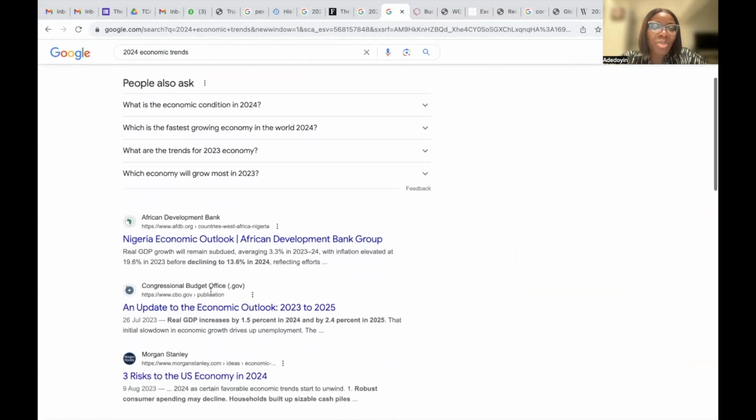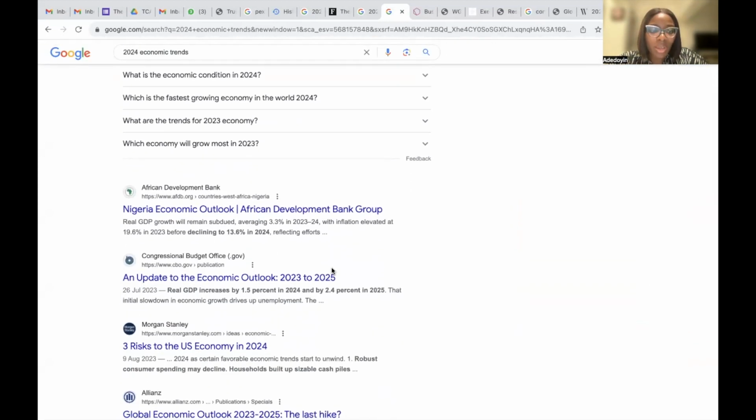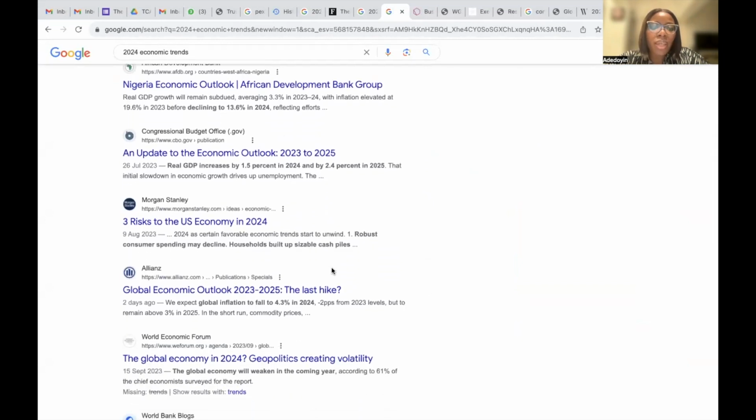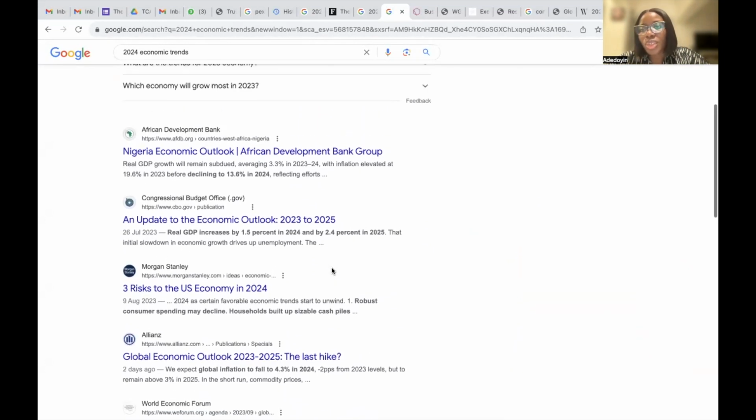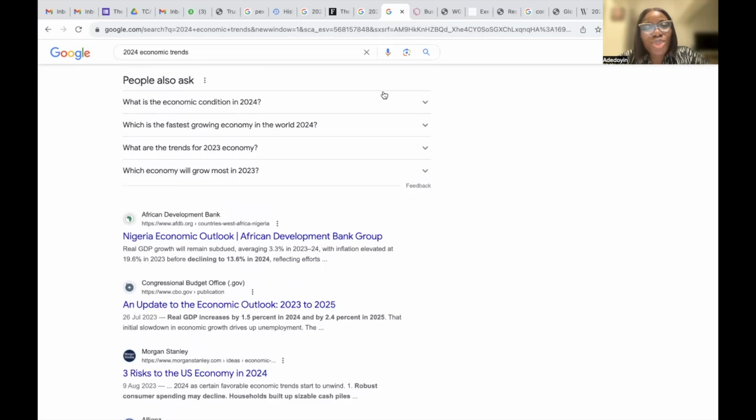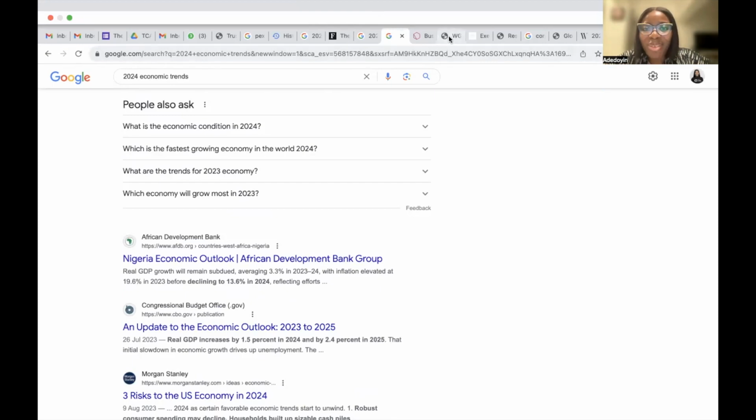So this is Nigeria, but they also have for other countries as well. That would just help you to know, okay, inflation is rising. What is the implication of that? I know you're not an economist and all of that, but these things are important in creating your strategy, because if inflation is rising, cost of living is rising, disposable income is shrinking, what this means is that your consumer has less money to spend on buying your product. So that you need to think about, right?